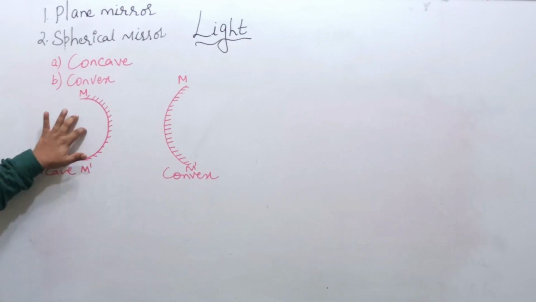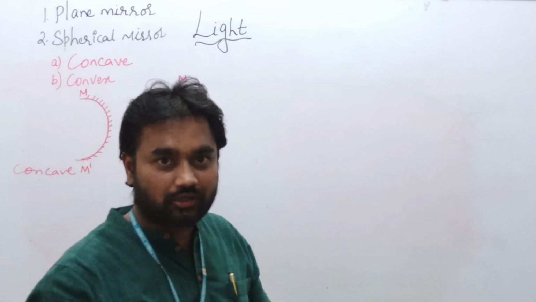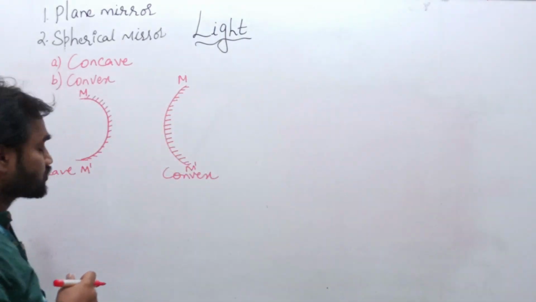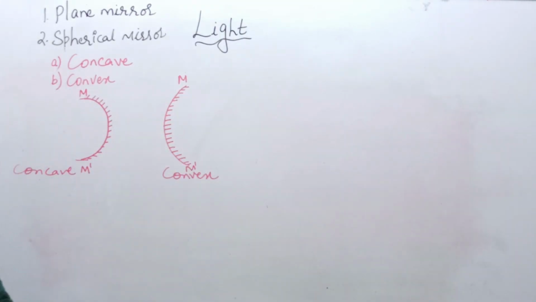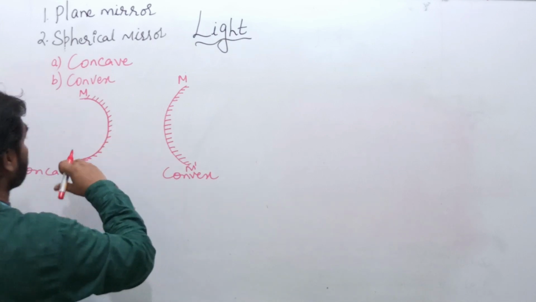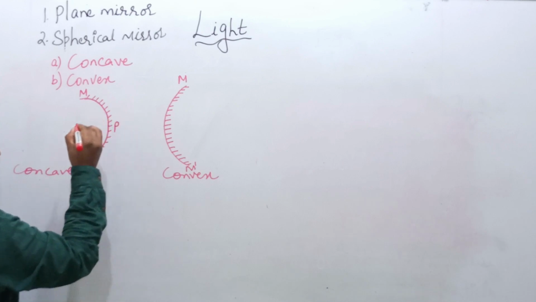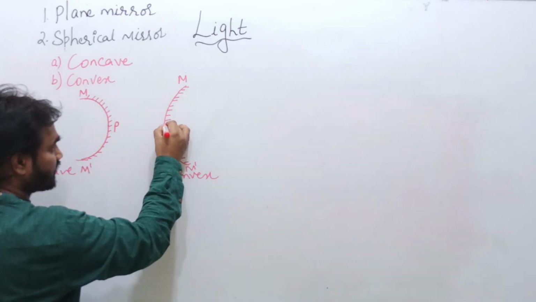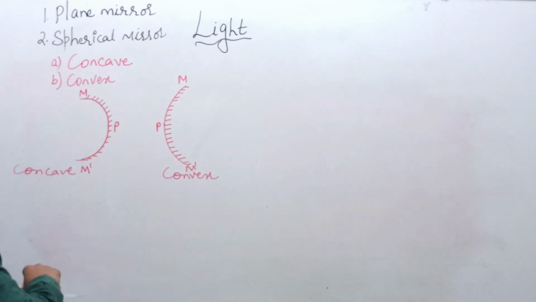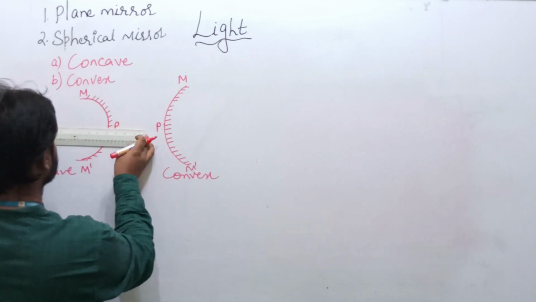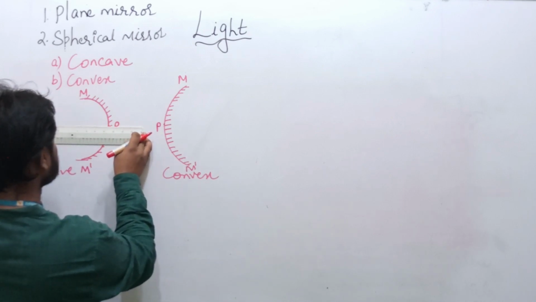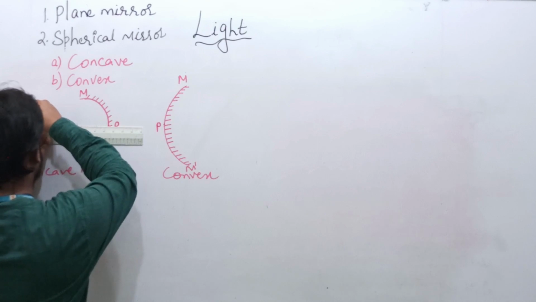So what happens in a concave mirror? Suppose I draw the principal axis. We know the center of the reflecting surface is P, that is the pole; here also the center of the reflecting surface is the pole. Now I am going to draw the principal axis.